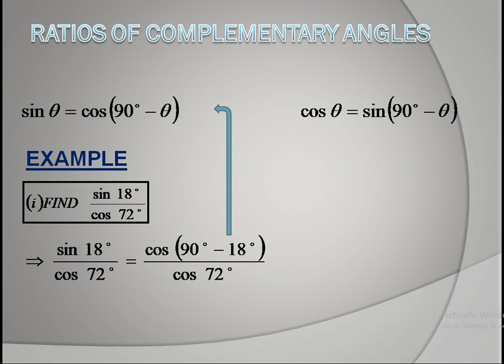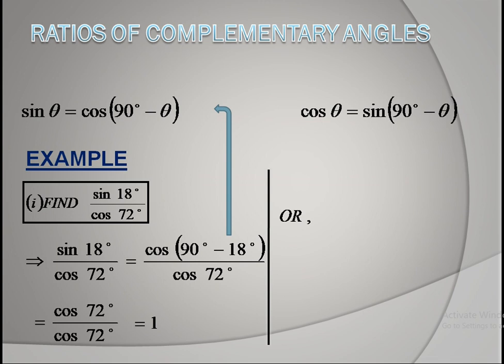Using sin theta is equal to cos(90 degree minus theta), here theta is 18 degree. We write sin 18 degree as cos(90 degree minus 18 degree). This is equal to cos 72 degree divided by cos 72 degree. This is equal to 1.